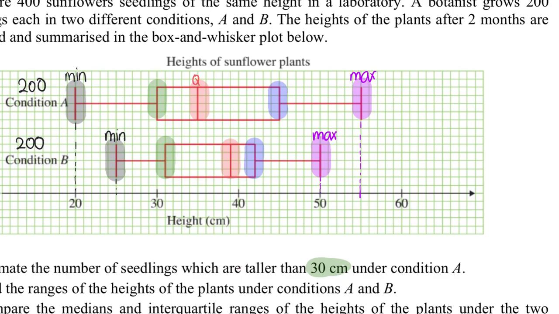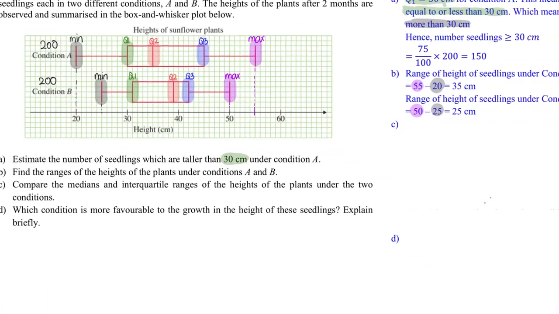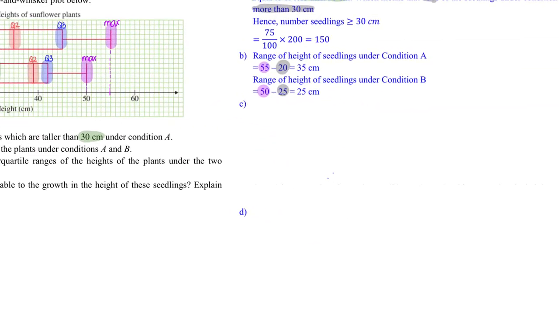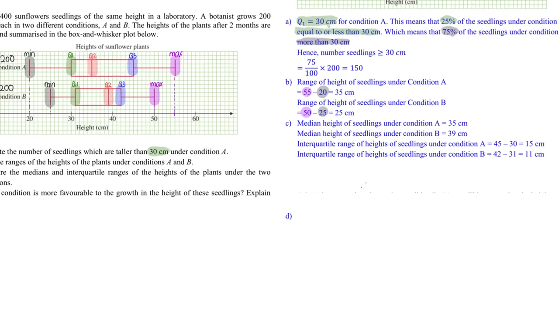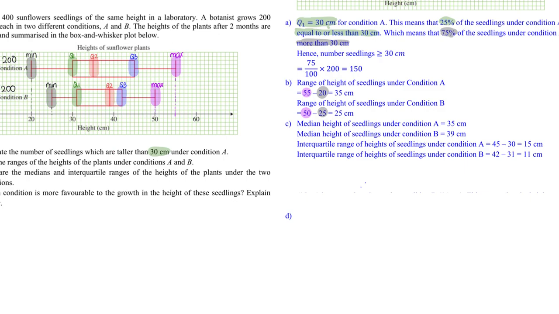This is my median, upper quartile and lower quartile. Okay, and from here I can get all the answers already, right? So the median and the interquartile range are all given from here. They are just found in the diagram itself. Alright, 35, 39, 15 and 11.